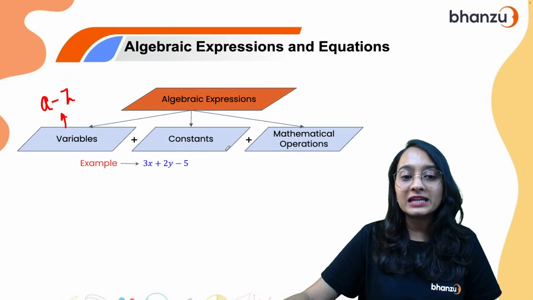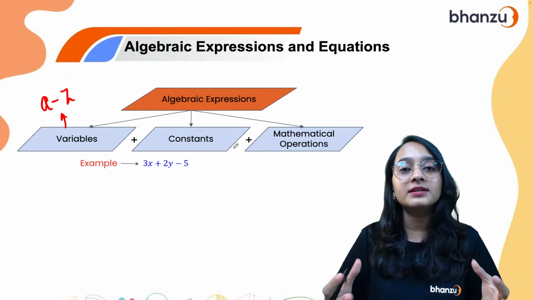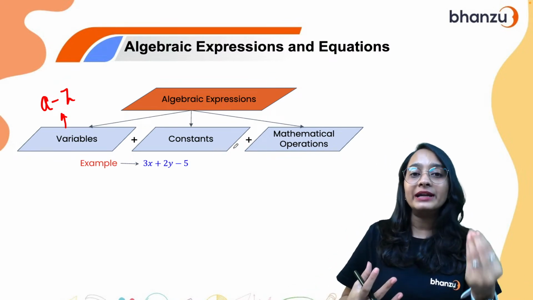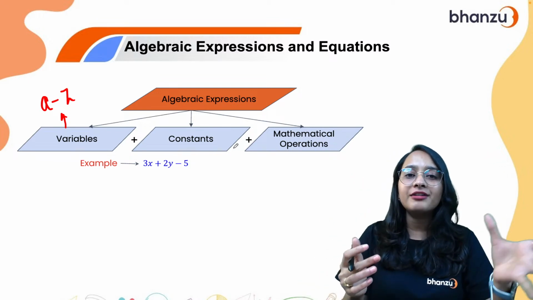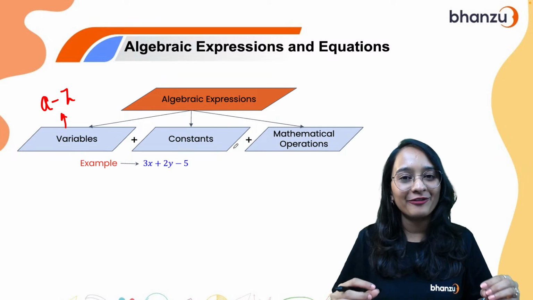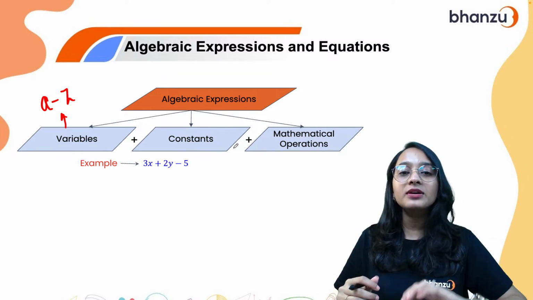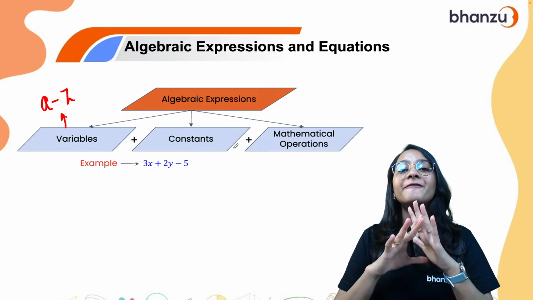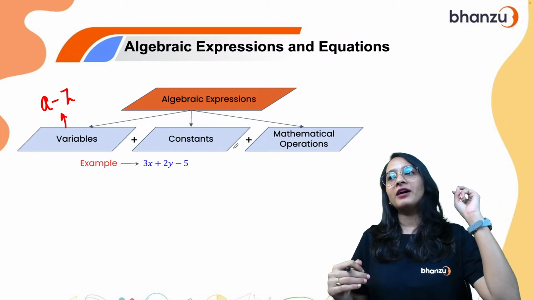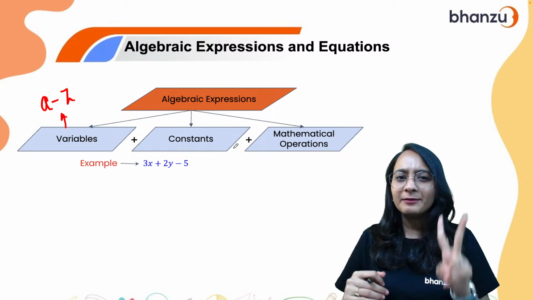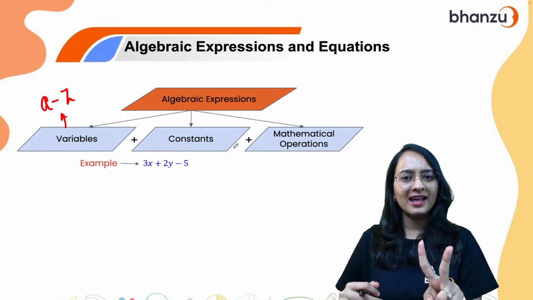What are constants? Constants are nothing but numbers. It can be natural numbers, integers, fractions, decimals, rational, irrational. It can be any of it. They are constant numbers where the values are fixed. You cannot change them. So if I say I have 2 chocolates, that means I have only 2 chocolates. It's not 3.